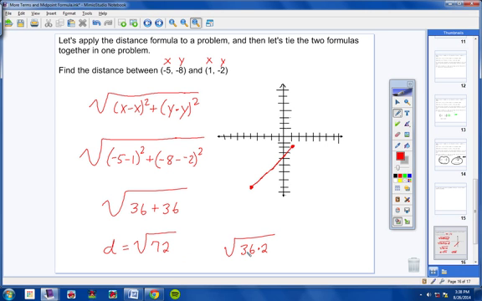We know the square root of 36 is 6, so we put a 6 on the outside, and we're left with 6 square root of 2. This would be the reduced form. But for now, I'm okay with this. I just wanted to refresh your memory. Moving on, the distance between these two points would be the square root of 72.